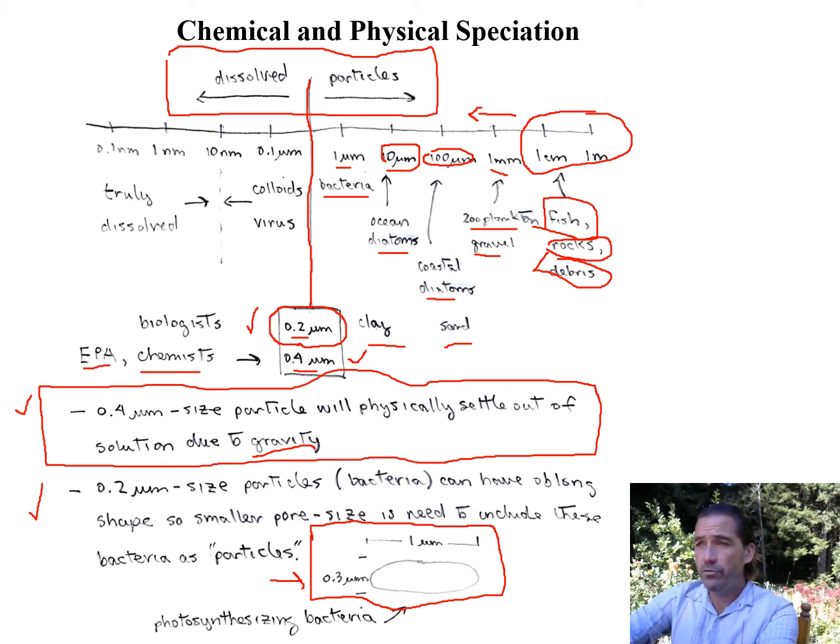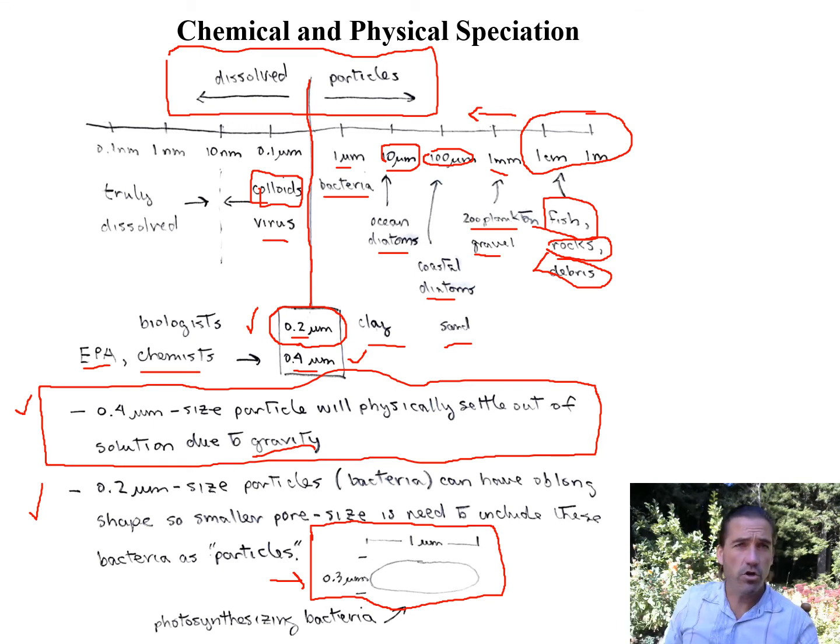So once we go into the dissolved phase, then we start looking at viruses, things like colloids, which are very common in all solutions. These are particles that are so small that they stay suspended. For example, milk.